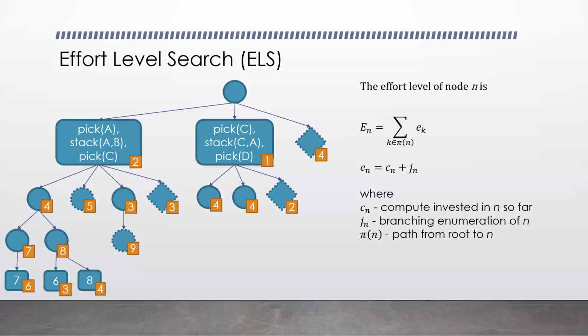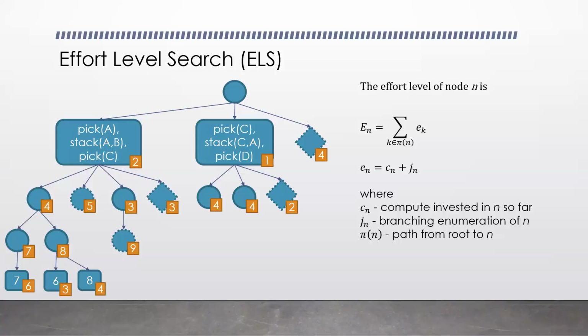For each node, the cost of the node is how much computation I've invested in this node so far, and what is the order of this node in the successors of its parent. So the first node costs 1, the second node costs 2, etc. And then the cost of a path is the sum of the costs of the nodes along the path.